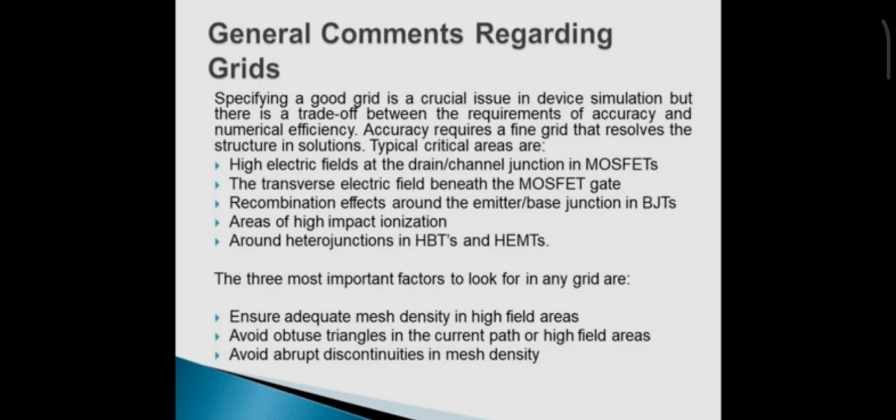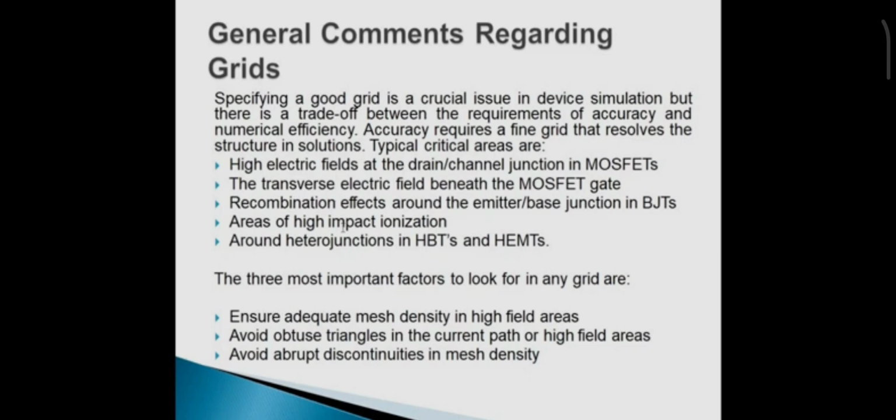Typical critical areas are high electric field at the drain channel junction in MOSFET, the transverse electric field beneath the MOSFET gate, recombination effects around the emitter base junction in BJT, and areas of high impact ionization around heterojunctions in HBT and HEMT.